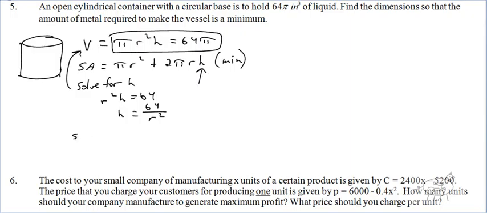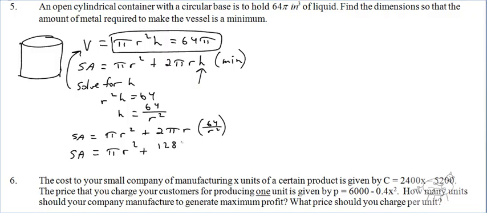So my surface area is equal to pi r squared plus 2 pi r times 64 over r squared. Okay, so simplify that a little bit: surface area is equal to pi r squared plus 128 pi over r. And we'll call that S of r, surface area.